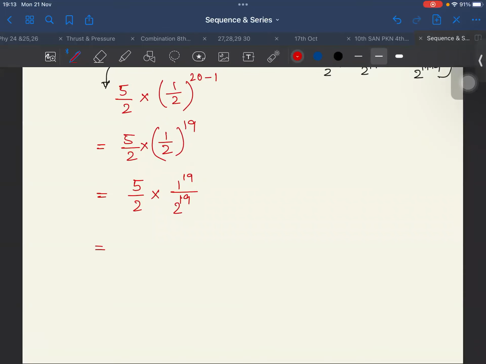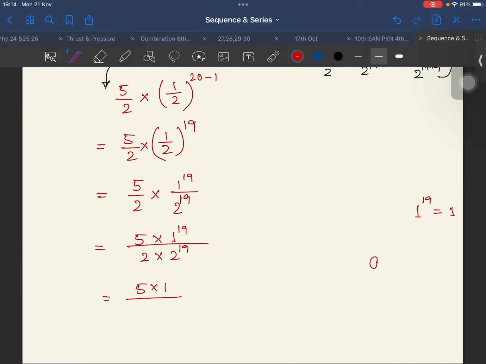Yes, sir. Can we write this as 5 multiplied by 1 to the power of 19 upon 2 multiplied by 2 to the power of 19? Okay. So 1 to the power of anything is what? For any real number it is 1. So 5 into 1 upon 2.